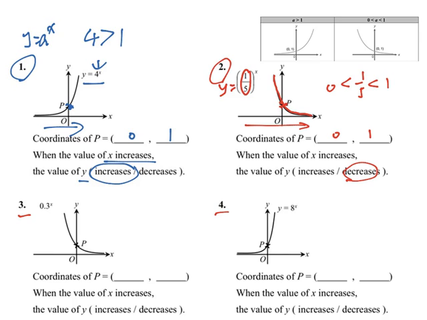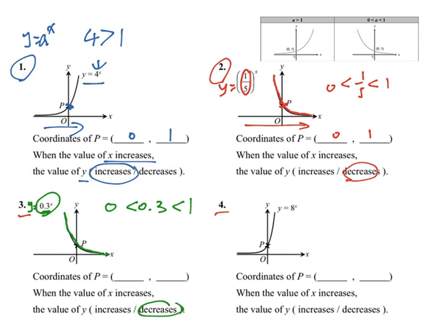Let's check it. For question 3, this time the function is y equal to 0.3 to the power x. So you see 0.3 is between 0 and 1. So it is decreasing.